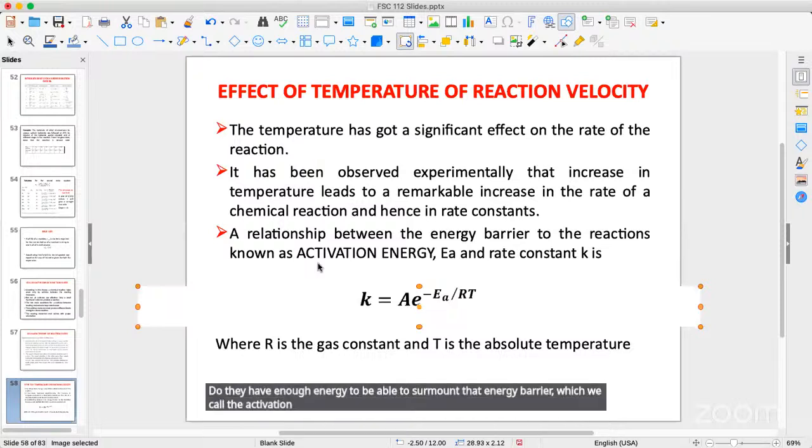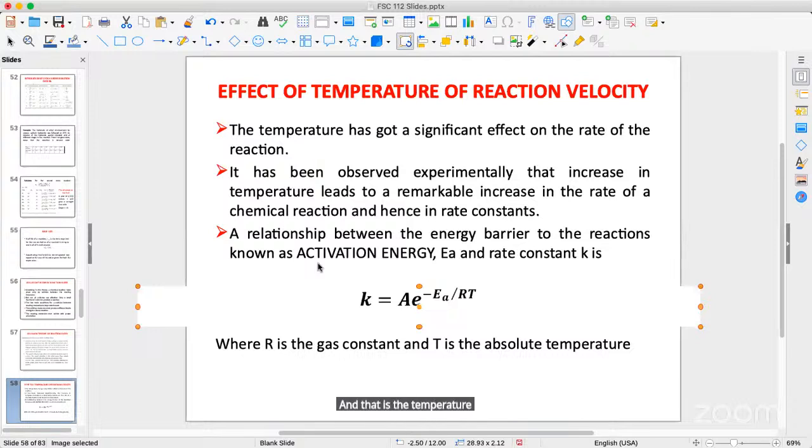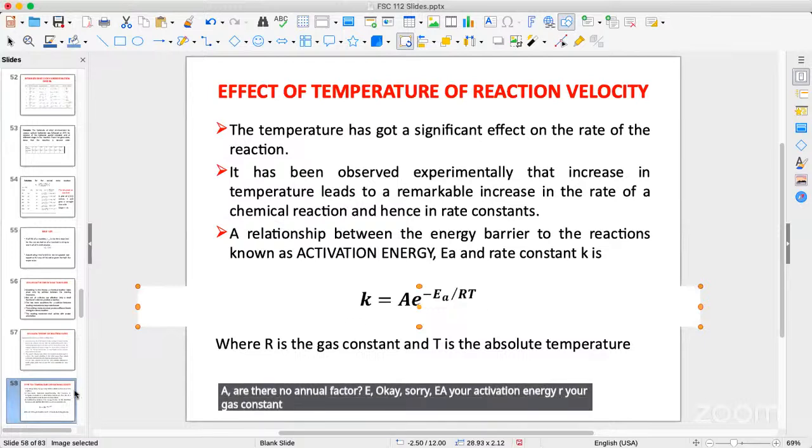And that is why there has to be a relationship between temperature, rate constant, and activation energy. That is the equation that you have here. In this case, K is the rate constant, A is the Arrhenius factor, EA is your activation energy, R is your gas constant, and T is your absolute temperature.